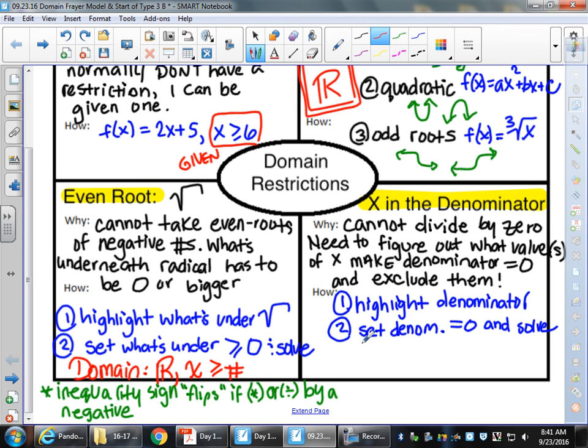My domain will be all real numbers, x what? Not equal to whatever you got. The domain will be all real numbers x not equal to what you got.